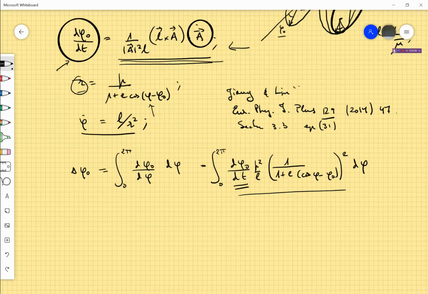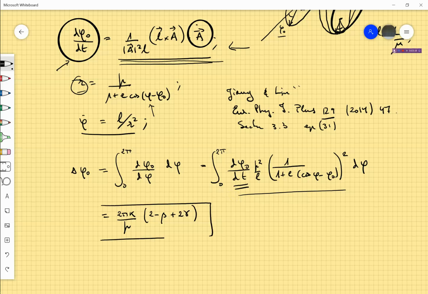Okay, so when you do the calculation, and this is the formula that these people give you, you find that this is 2 pi k divided by p times 2 minus beta plus 2 gamma. Okay, and this is the formula. Remember that k or kappa is G m total.